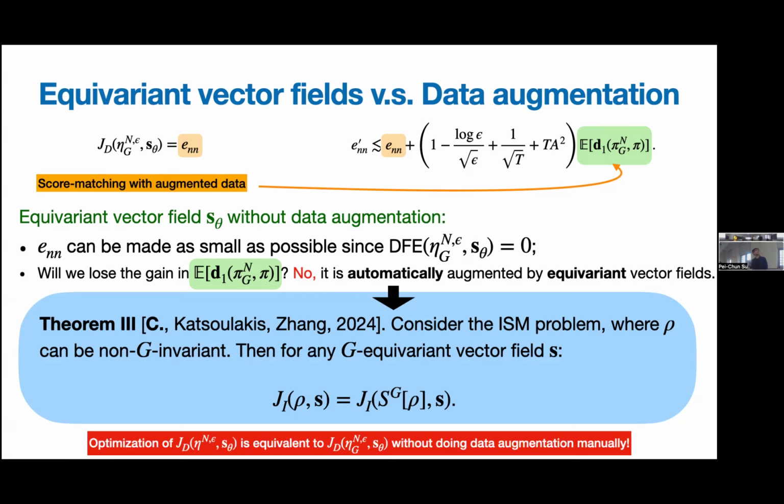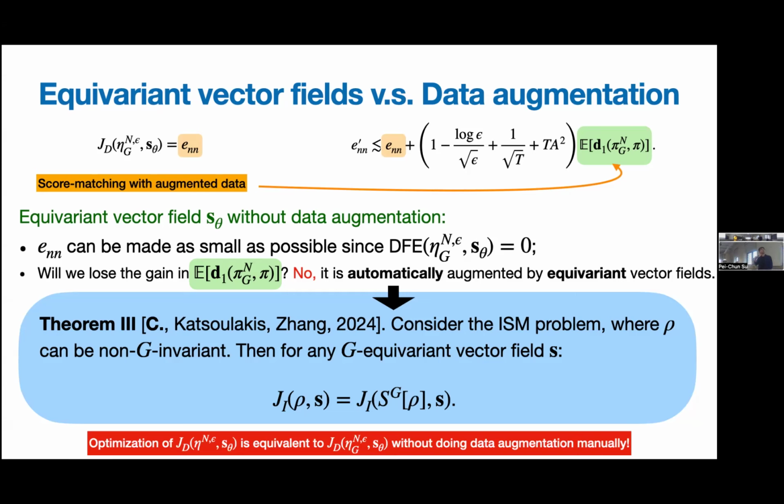So this means the optimization of these non-augmented samples with this equivariant vector field is equivalent to the score matching using the same equivariant vector field with its symmetrized part, right? Without doing data augmentation manually, right? So this means you actually only do score matching with non-augmented samples.